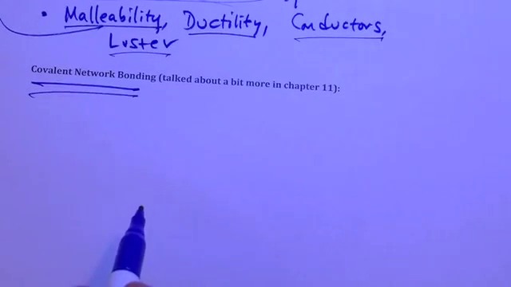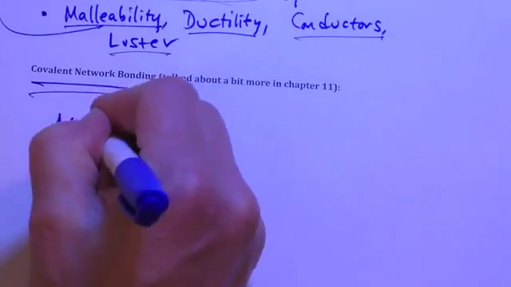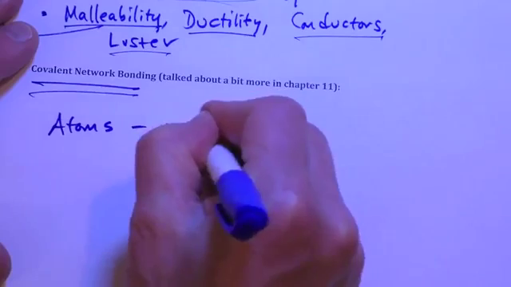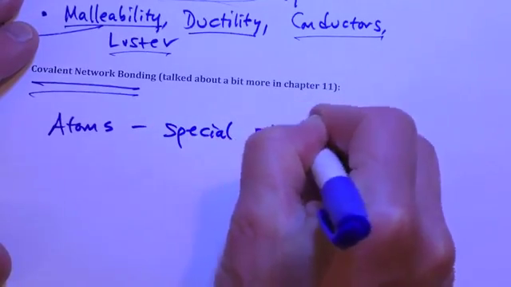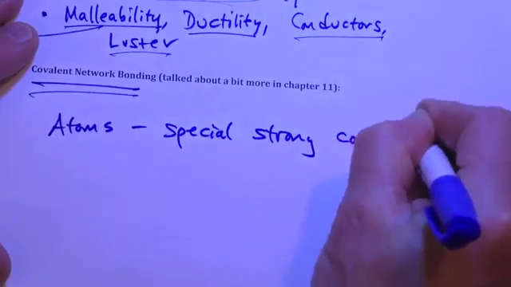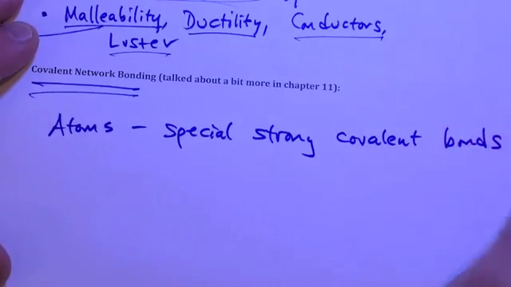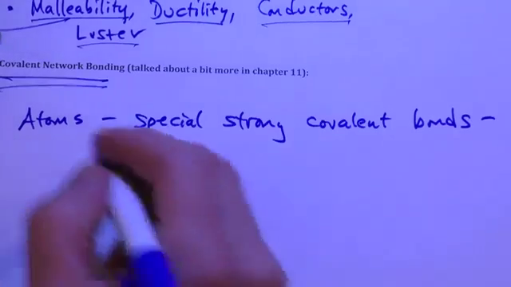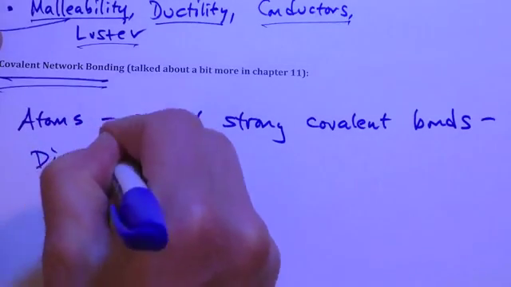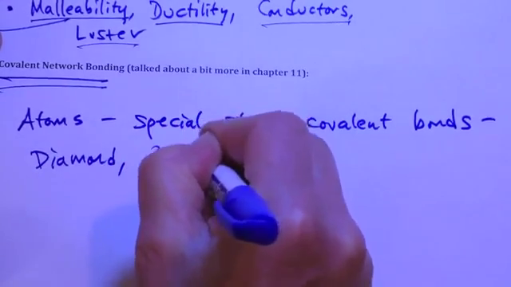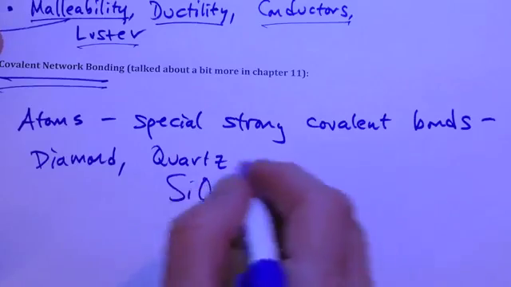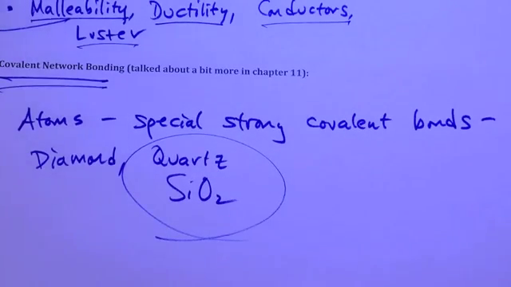Covalent network bonding. Covalent networks are networks of atoms that are connected by really special, strong covalent bonds. Examples of this are diamond, quartz, which is a form of silicon dioxide, and silicon dioxide, which is another name for sand.